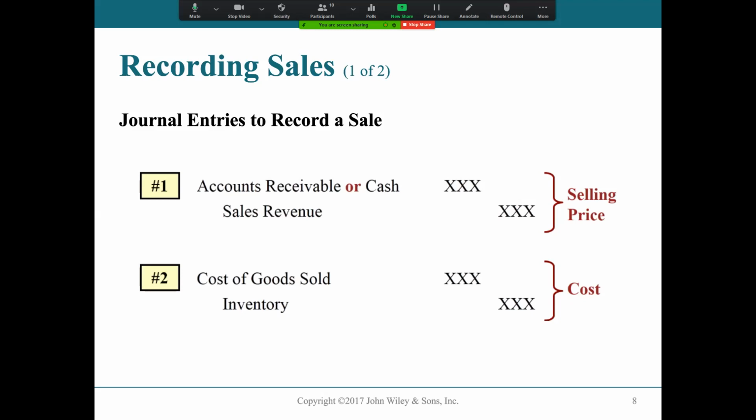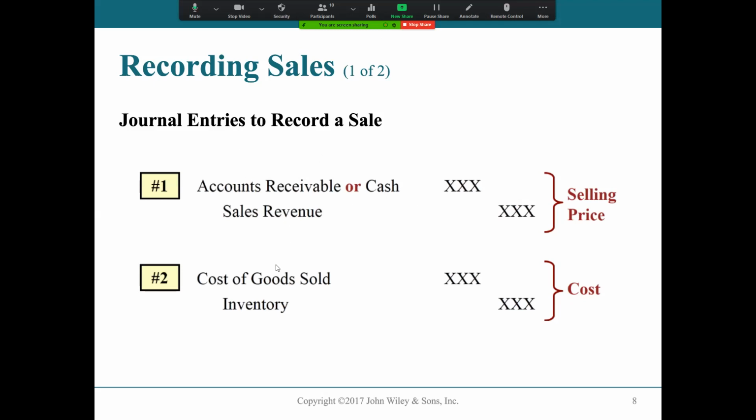First, we are selling the product to a customer at its full sales price or its retail price. So we have to debit our accounts receivable account if we are allowing the customer to pay in the future, or our cash account if they're paying us in cash right now. And we have to credit our sales revenue account. This is the price that we sell it to the customer at.